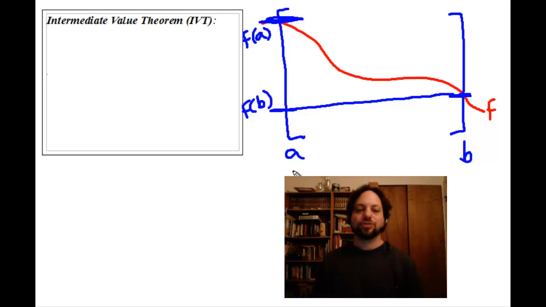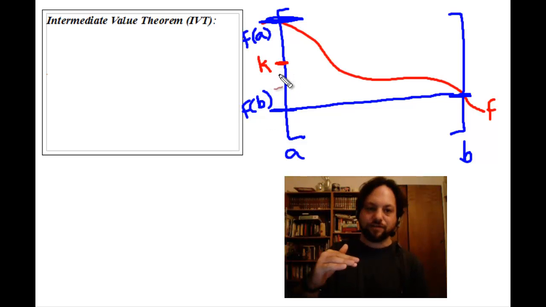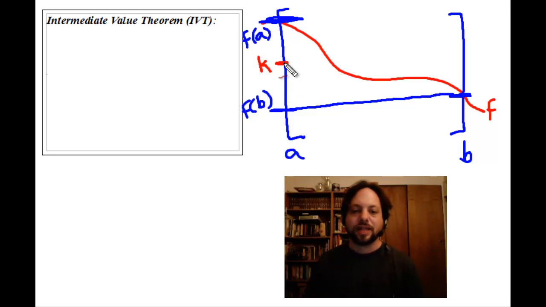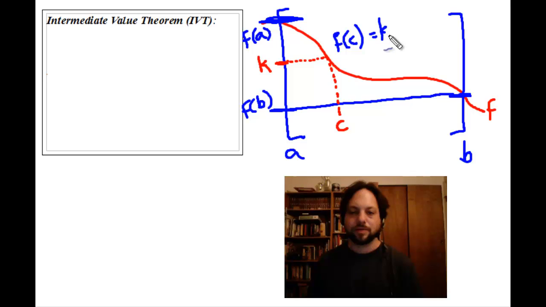Let me go ahead and introduce a new value that I'm going to call k, and I'm going to put k right here. So long as k is somewhere between f of a and f of b, then the intermediate value theorem guarantees me that there is a value c such that f of c equals k.